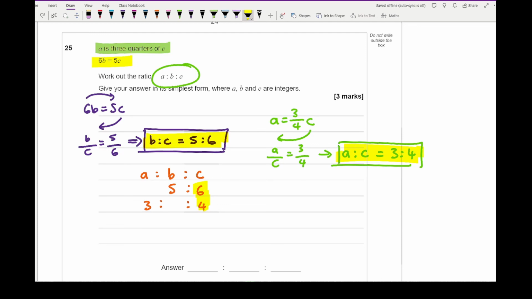So we need to think of a common multiple of 6 and 4, which is going to be 12. To get 12, I need to multiply this ratio by 2, and to get 12, I need to multiply this ratio by 3. So here, 5 times 2 is 10, and 3 times 3 is 9, and then all I need to do is check, can I simplify this ratio? No, I can't. So the ratio is 9 to 10 to 12.